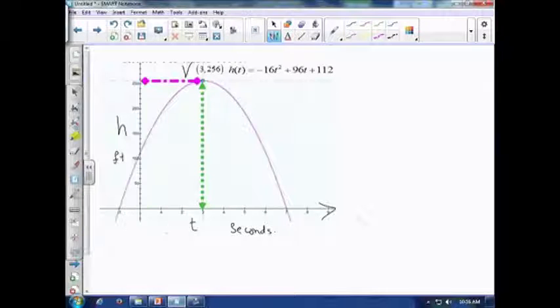Let's look at the graph here. So here, 3 is the time, as you see. There's 3. And then 256 is the height. And so we've answered both questions. So it takes 3 seconds to reach a maximum.